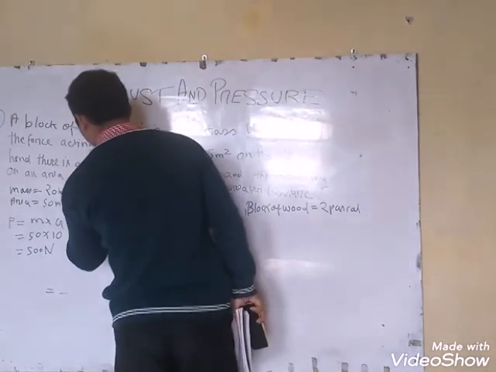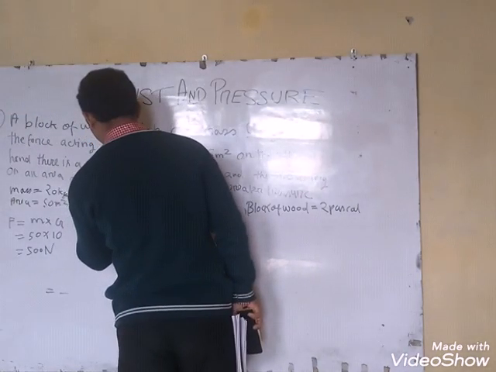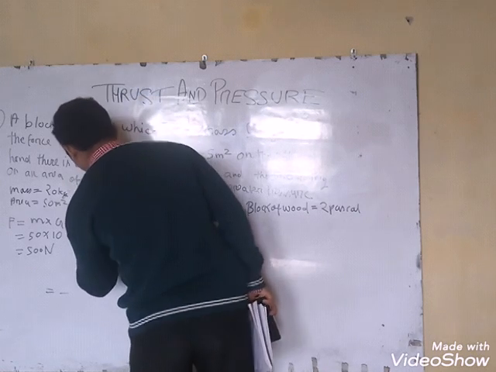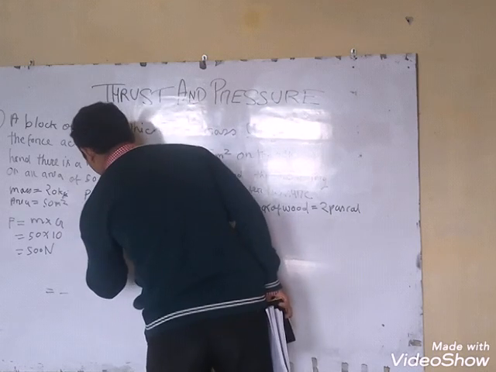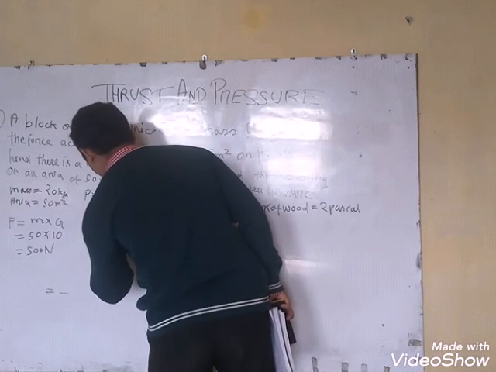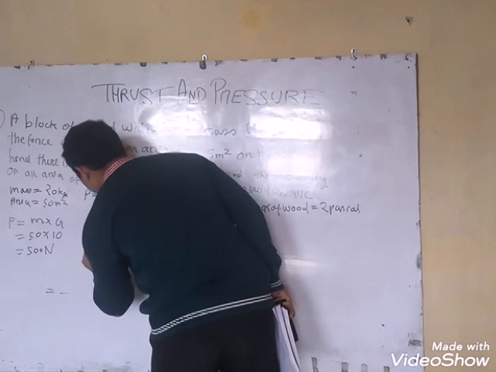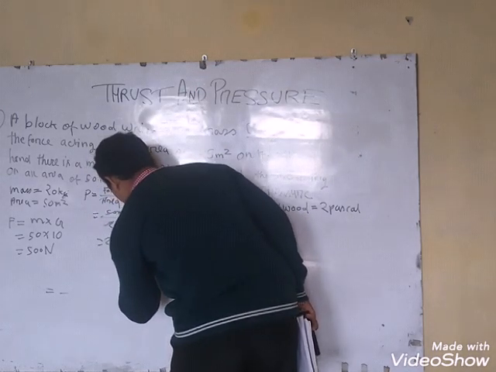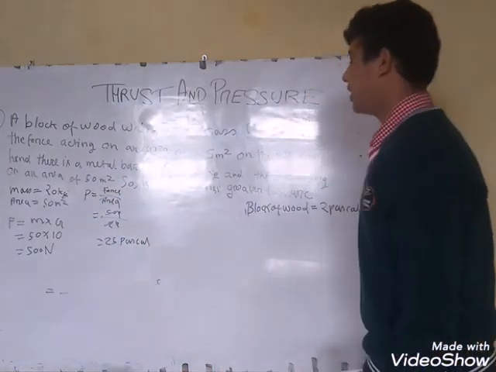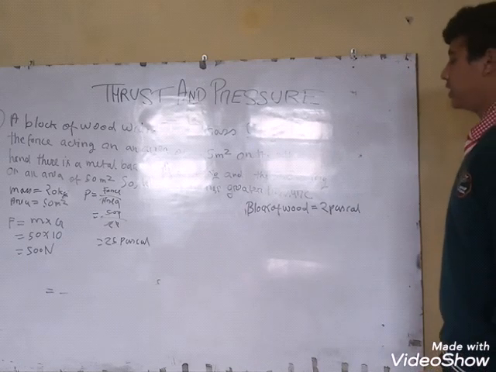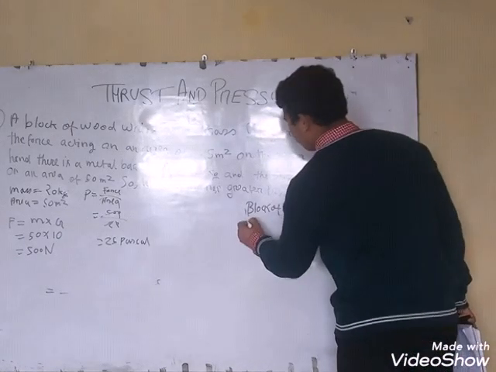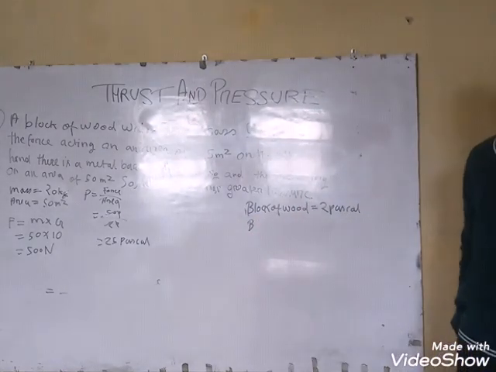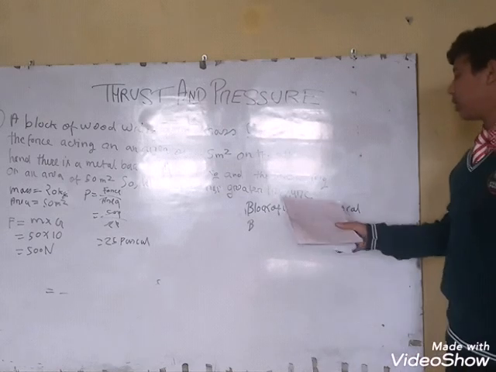So the metal bar generates 25 Pascal, which is pressure. So from this answer we get to know that the metal bar has greater pressure than the block of wood.